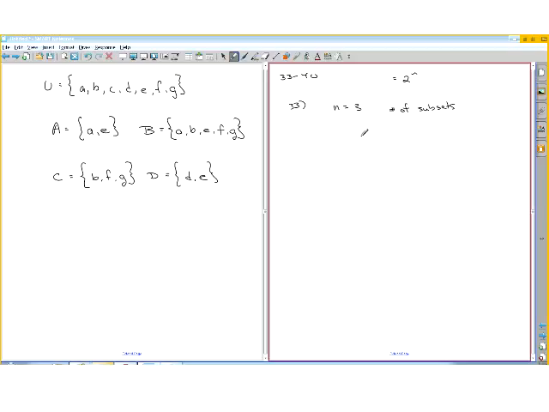In this case, the number of subsets is 2 to the 3rd power, which is 8. And since 8 does not equal 6, the statement is false.